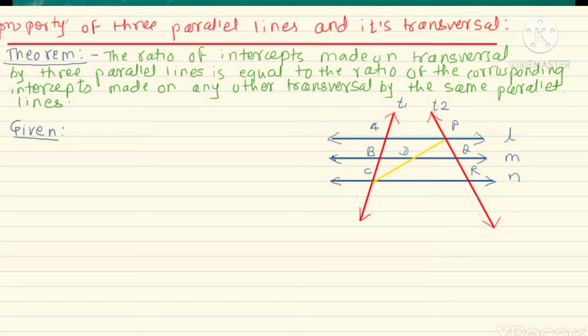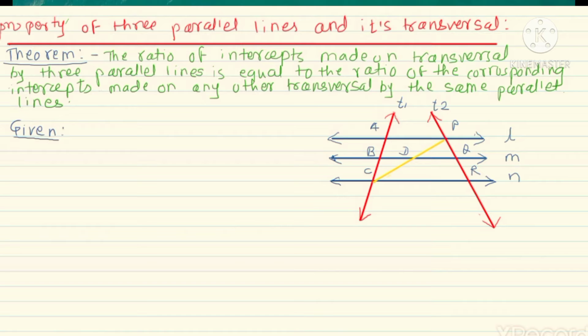Line L, line M and line N. These lines are parallel, and transversal T1 and transversal T2 are intersecting line L, line M and line N. T1 intersects in points A, B, C, and T2 intersects in points P, Q and R.